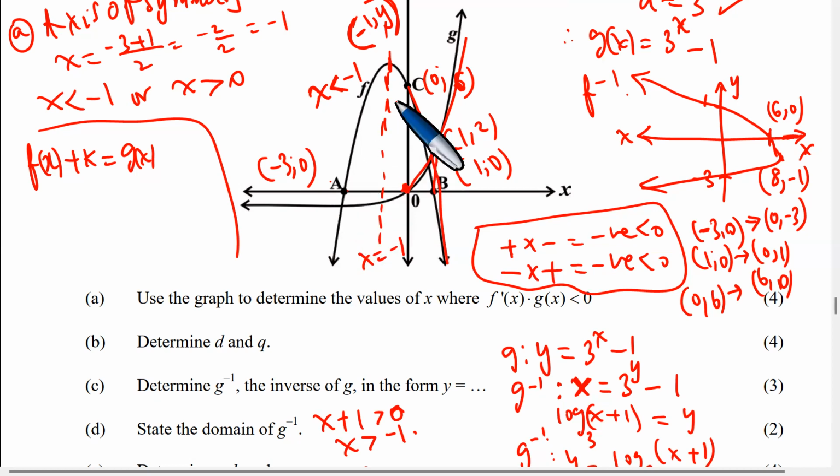You're going to move this function f up or down, keep g like that, but add k to f or subtract from f. Suppose you move this f down. At this point, where it is, g is equal to f for k equal to 0, and the values here are of opposite sign because one x value here is negative and the other one is positive.